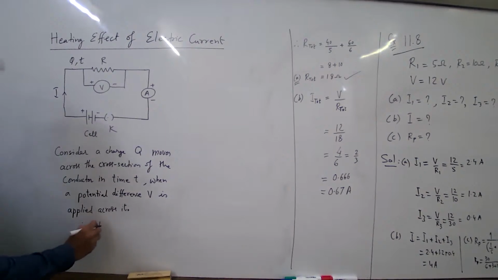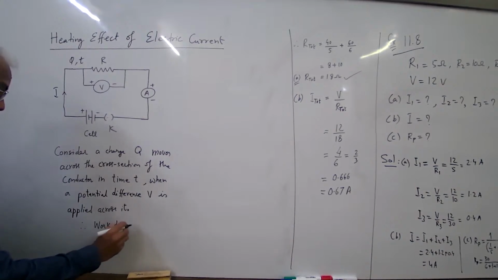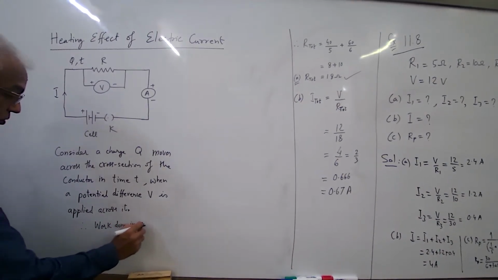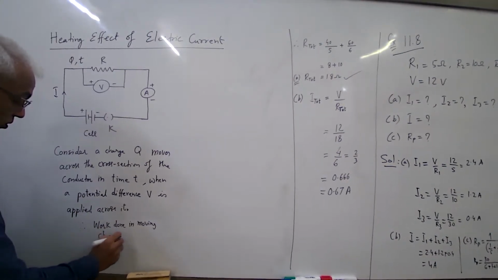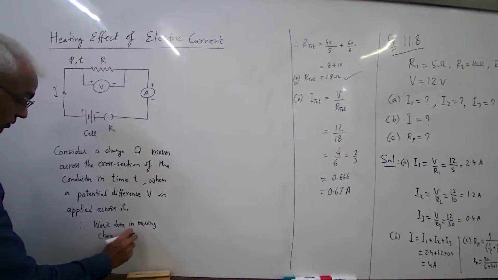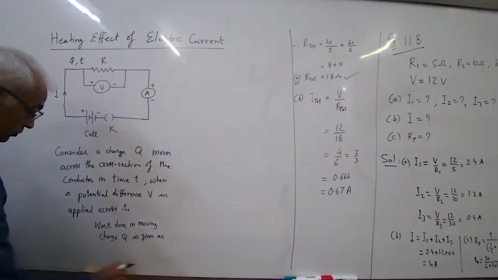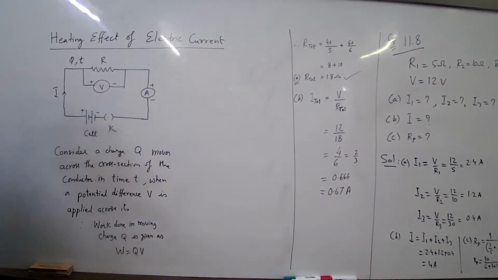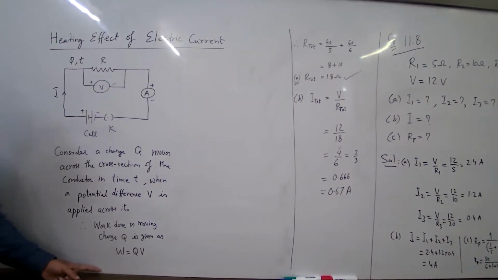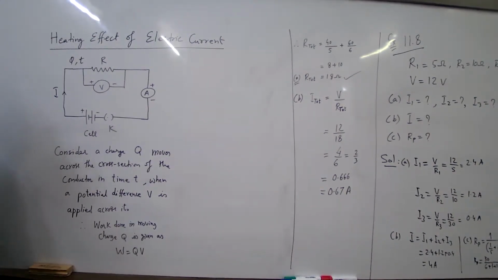Therefore, work done in moving charge Q is given as W is equal to Q times V. How do we get this?